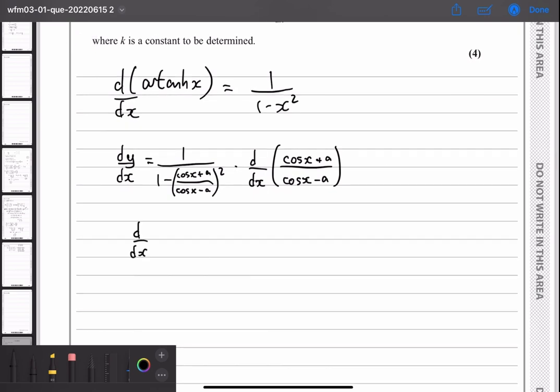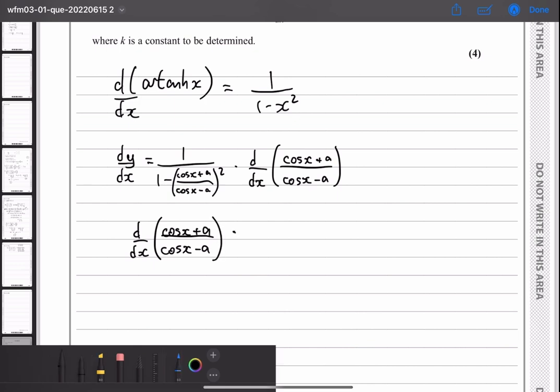So d by dx of cos x plus a over cos x minus a. And to do this we differentiate the top, or the numerator. So we get minus sine x times by the denominator, cos x minus a, minus the derivative of the denominator, which is also minus sine x, so that becomes a plus sine x times by the numerator, cos x plus a, and all of that is divided by the denominator squared, which I'll leave in brackets for now.